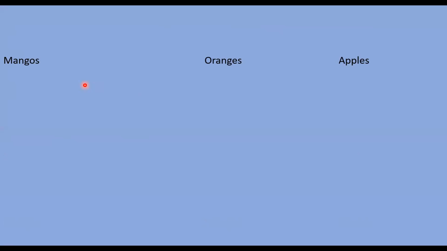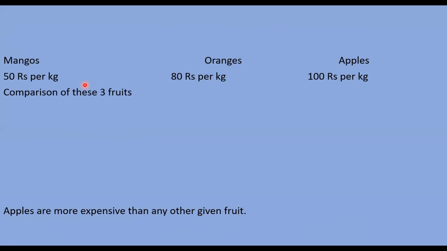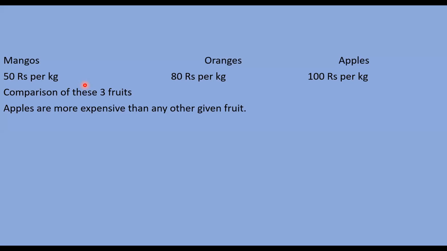Now let's talk about mangoes, oranges and apples. Same situation is there. I'm telling the price of mangoes 50 rupees, oranges 80 rupees per kg, and apples 100 rupees per kg. So let's understand. So now you can see that comparison of three fruits is there. So this point you can say in this way also: apples are more expensive than any other given fruit.